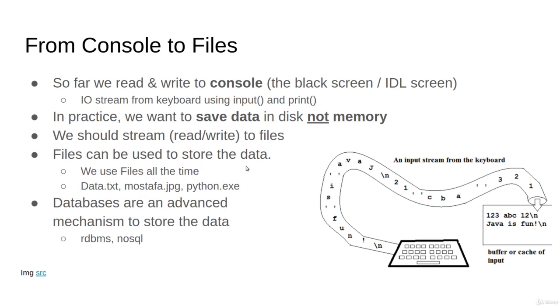The files mainly can be used to store the data, and typically you are using files all the time. The data.txt, an image, an executable, all of them are data. In industry, files aren't the right way to handle most of the problems. There is something advanced called databases. Databases is more about, again, kind of files that are very efficient to put data and to query the data.